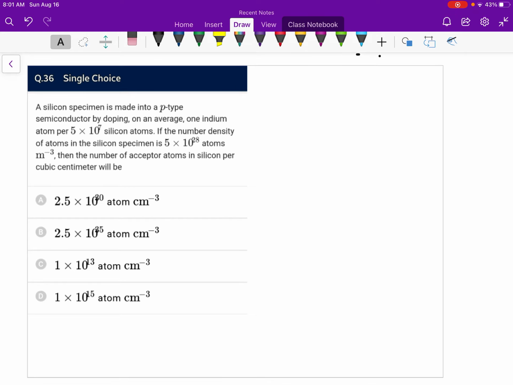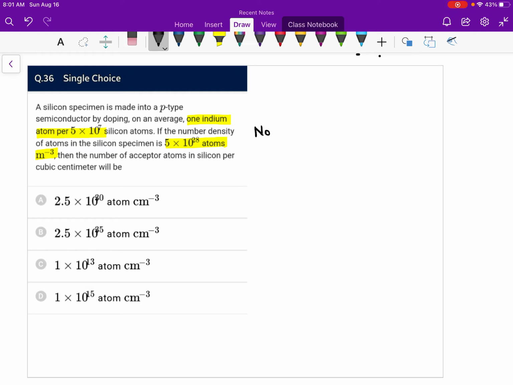P type. So on an average, one indium atom per 5 into 10 to the power 7 silicon atoms. So the impurity is 1 atom per 5 into 10 to the power 7 silicon atoms. If the number density of atoms in the silicon specimen is 5 into 10 to the power 28 per meter cube, then the number of acceptor atoms in the silicon per cubic centimeter.